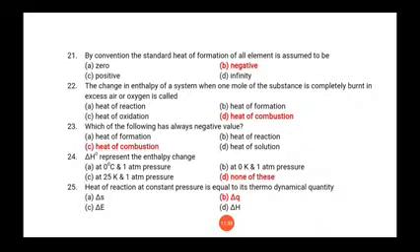Now we know that delta H0 represents enthalpy change at not any fixed value. It is not like STP, the standard temperature and pressure. Enthalpy change, or standard enthalpy change, is different for different reactions, so you cannot fix the value. So the correct answer of this question is option number D, none of these.